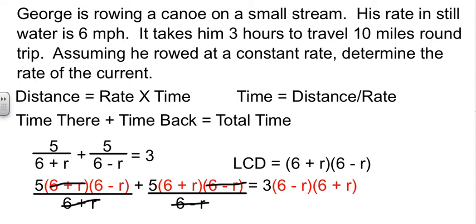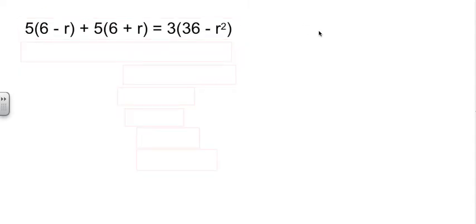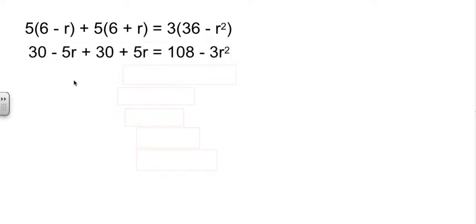And I'm going to take that result over to the top of the next page. Now you'll notice I distributed 6 plus r times 6 minus r here. Now I'm going to distribute everything else. And something really nice happens here. The 5 r's cancel out.